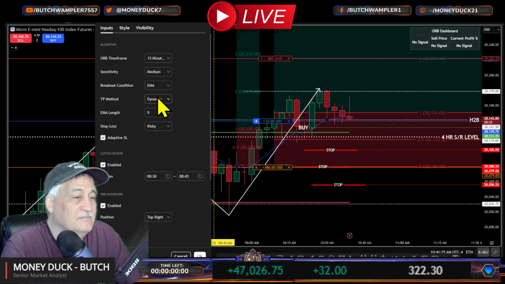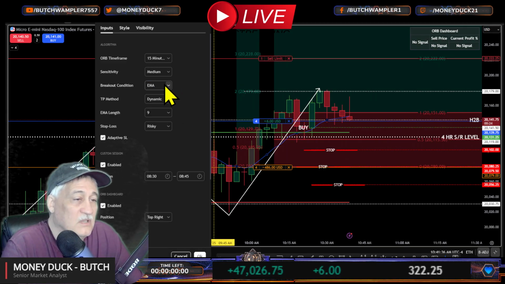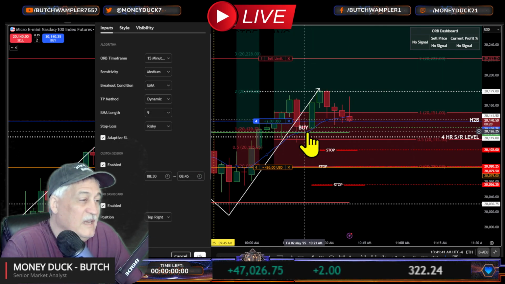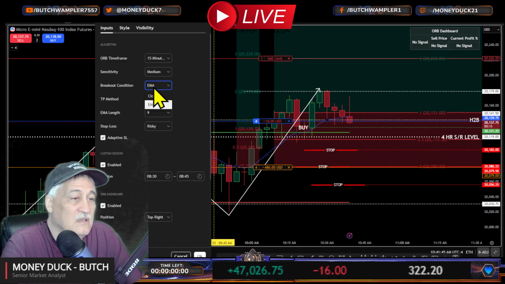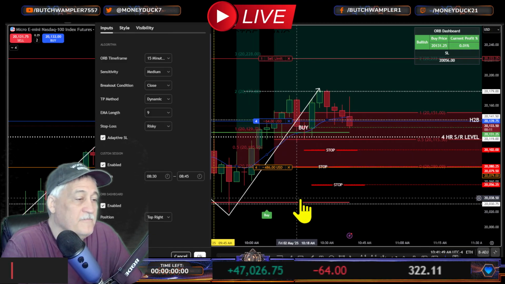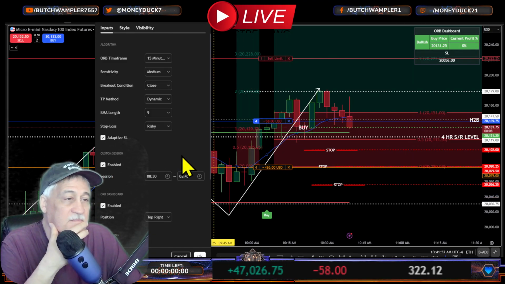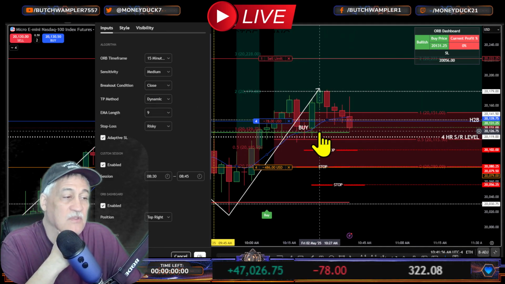So evidently that doesn't work. If you guys find out it does, let me know. Because to me, the EMA setting doesn't work. If I have this on EMA condition of a breakout, then when the EMA broke through that high, we should have got a signal to buy, and there isn't one. Using the close, we did get the buy back here. So I'm not sure why the EMA doesn't show the buy in there.